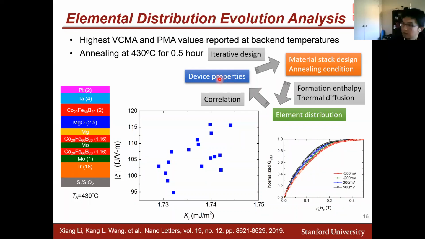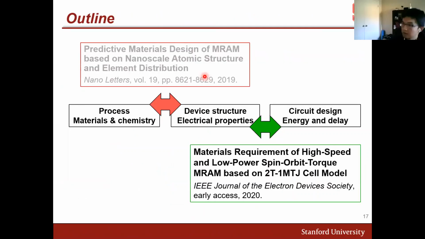Okay, so this is the first part of the two approaches, and the second part is on the topic of spin orbit torque. This one is more focused on the link between the device electrical properties and the circuit design. But still, this is very relevant in terms of material.